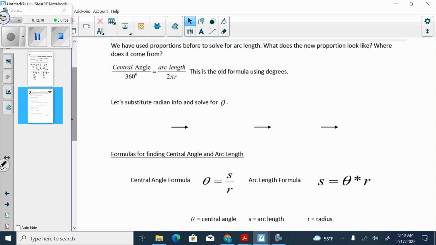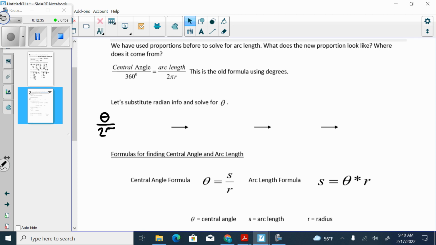Okay, well, if I was to change this part right here into our radians, the top would be whatever the radians are for that problem, right? We'll call it theta. Over the entire circle in radians. Well, what did we say a whole circle was in radians? 2 pi.